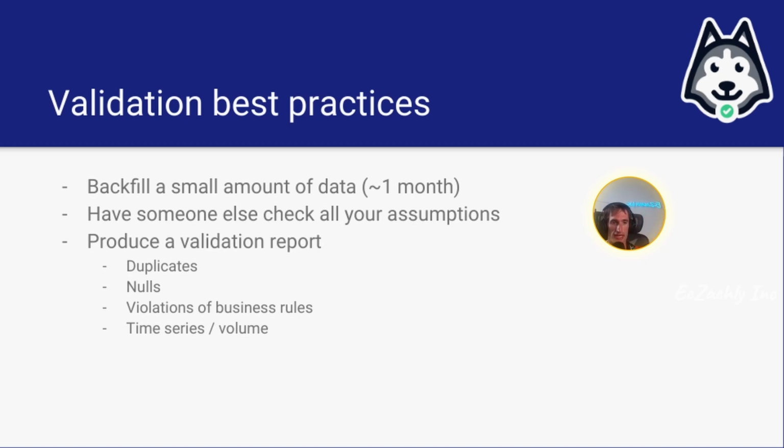You should have a doc of some kind that has a bunch of charts in it that says, here's what this data looks like, and we feel confident in this 1 month, so we can probably backfill the rest of it. And if it doesn't look good, then you probably want to fix whatever is problematic before you go into the next steps of the puzzle.